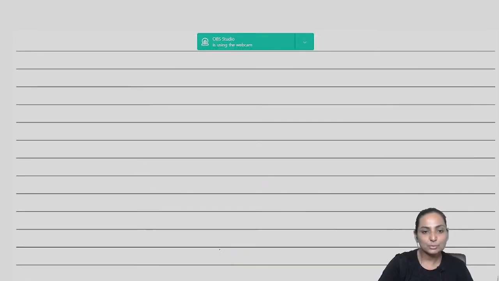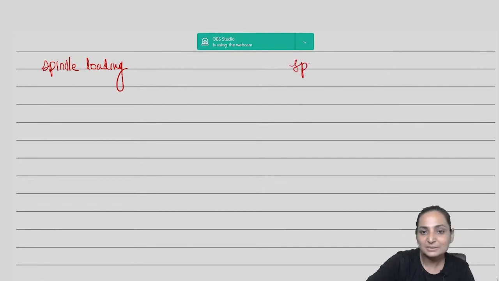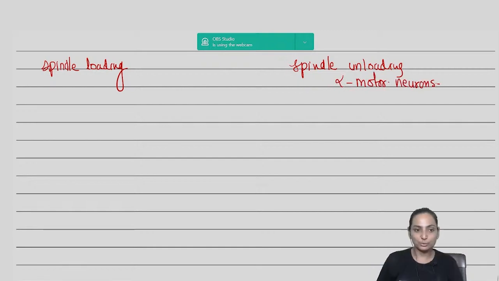Right? Now going into a bit of detail of what is called spindle loading and what is called spindle unloading. Remember that spindle unloading can be brought about only by the alpha motor neurons. Now what do you mean by loading of the spindle? This loading of the spindle can be brought about in two ways.